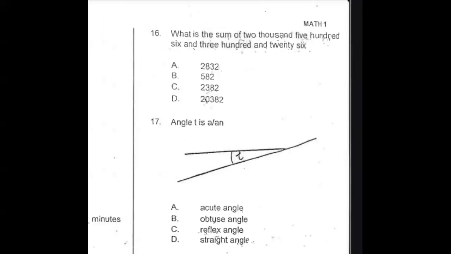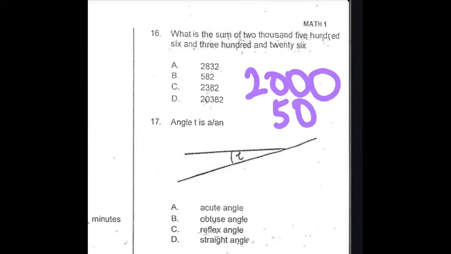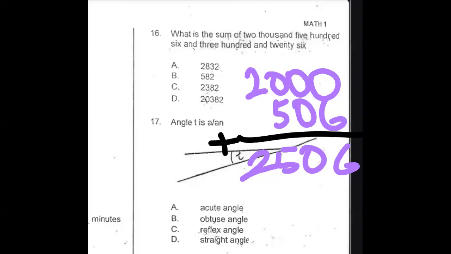What is the sum of 2,506 and 326? Okay. So I guess we're just gonna write out those numbers. 2,506. Add those together. Sometimes it's good when you visualize it like this so that we know exactly what this is.